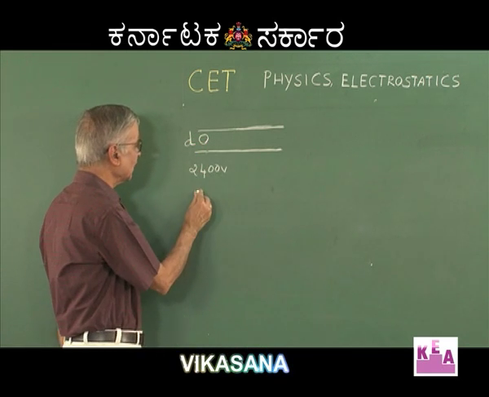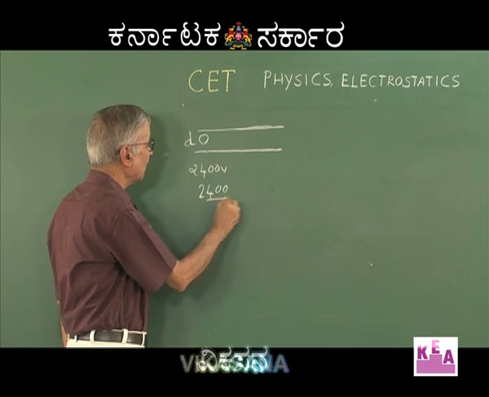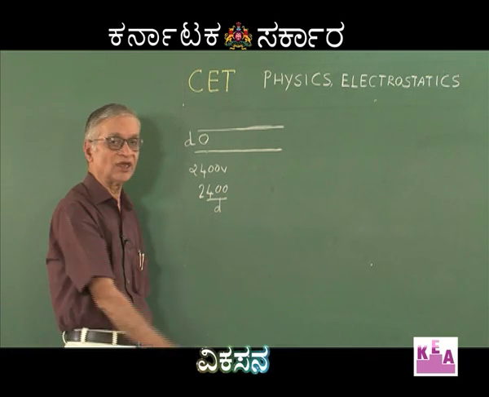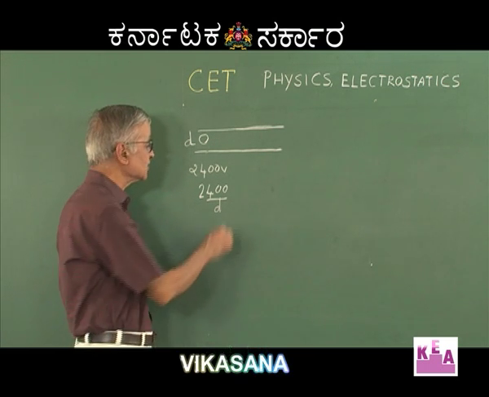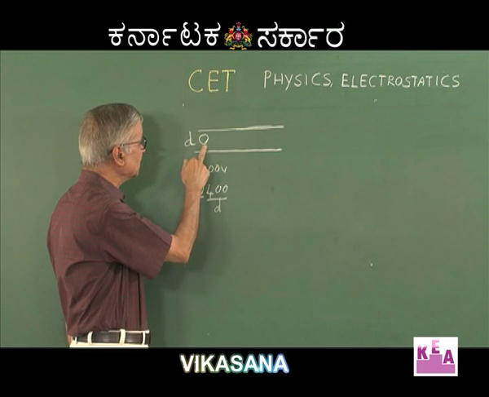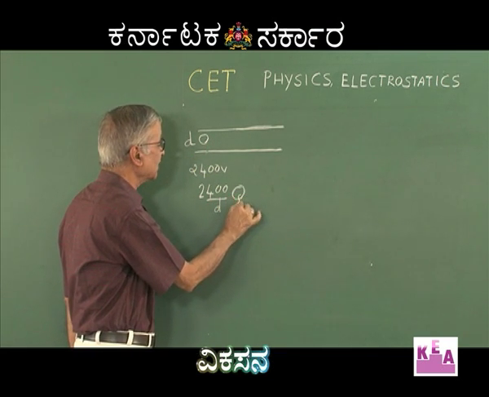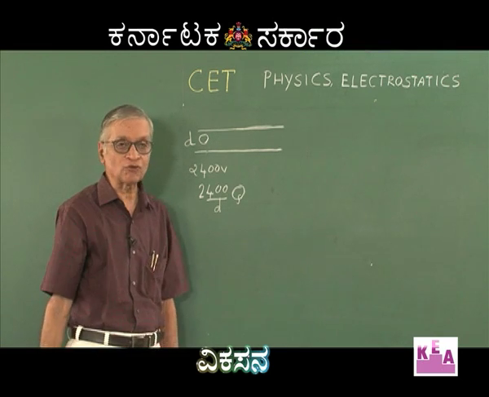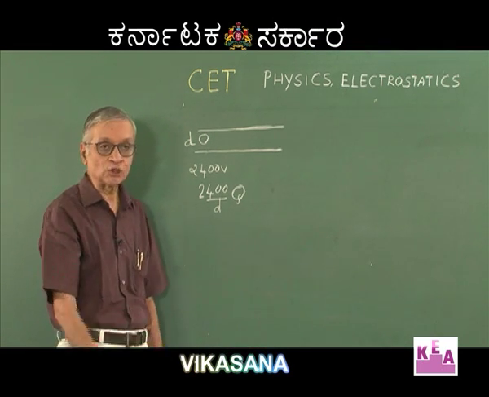If the potential difference between the plates is 2400 and the plate separation is d, the electric field between the plates is 2400 divided by d. If the charge on the drop is q, then the force acting on the charge is 2400 divided by d multiplied by q.